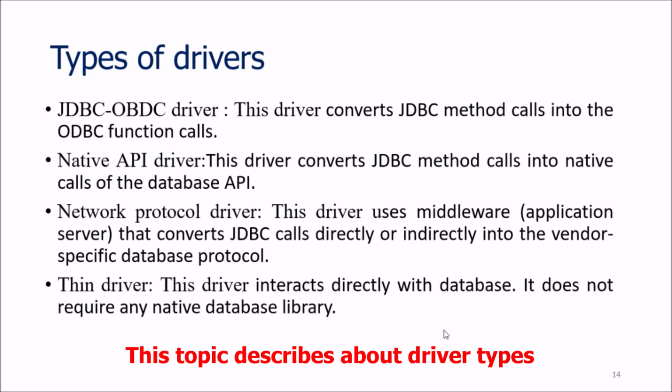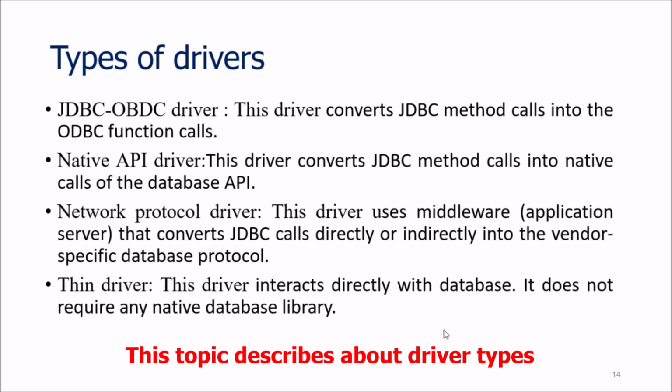And the third driver is network protocol driver. This driver uses the middleware that converts the JDBC call directly or indirectly to the vendor database protocol, which means the first two drivers, that is JDBC ODBC driver and native API driver, convert your JDBC call into native calls or some other calls.